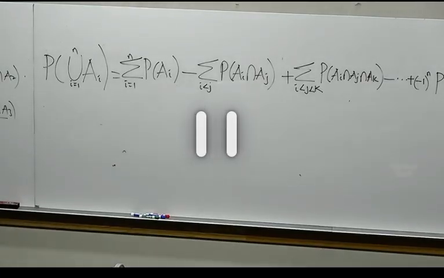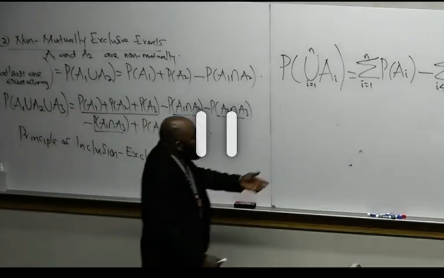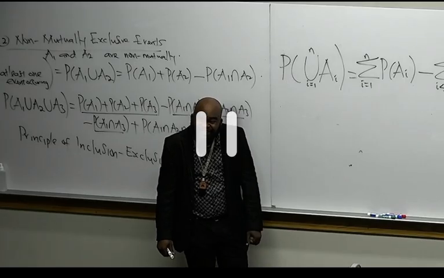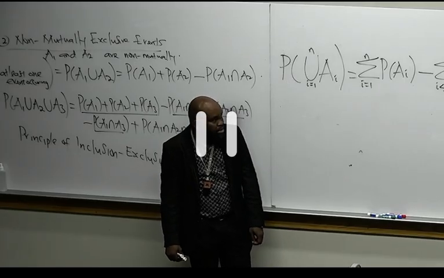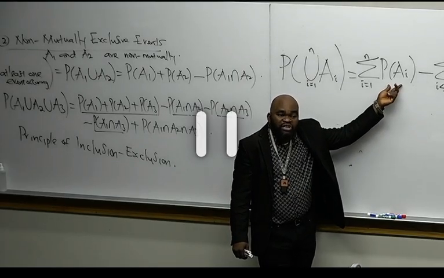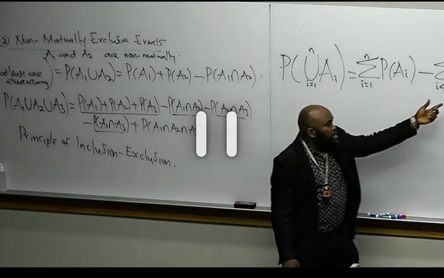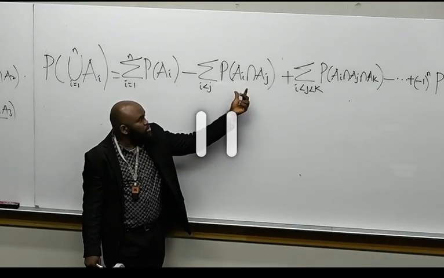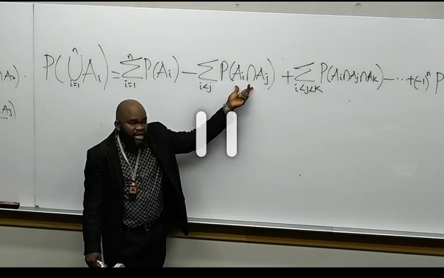What you see here is the generalization of the inclusion and exclusion principle, depending on the number of events that we have. What I'm trying to say is, I want to figure out the probability of at least one event occurring. Then I need to consider the sum of individual probabilities. Then I need to subtract the overlap because this overlap was added many times.